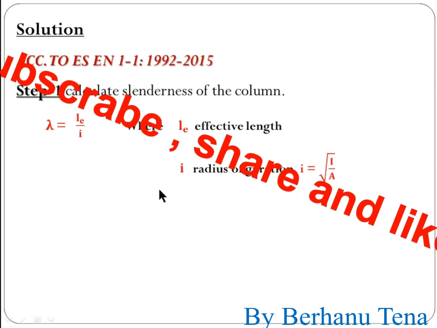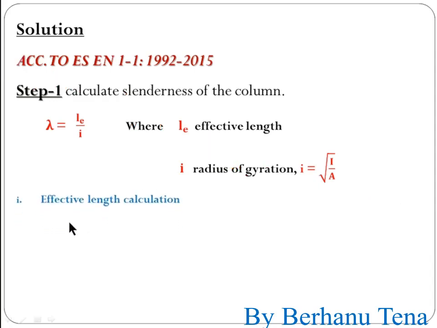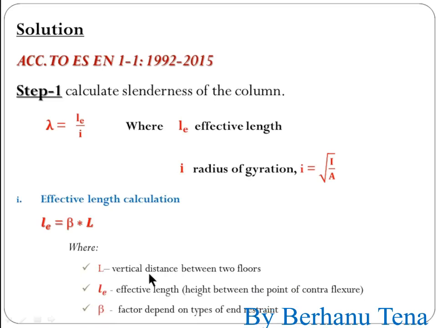First calculate our effective length. Effective length is calculated by using this expression, beta times the height of the column. The height of the column is the vertical distance between two floors, and the effective length is the height between two points of contraflexure, which means the height between two zero moments along the column height.